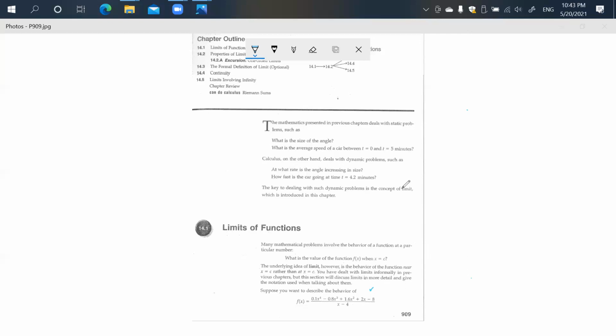f of x equals 0.1 x squared, this one, right? When we find the value of the function, first of all, you can see if we replace x with 4, right? So from here you can check.